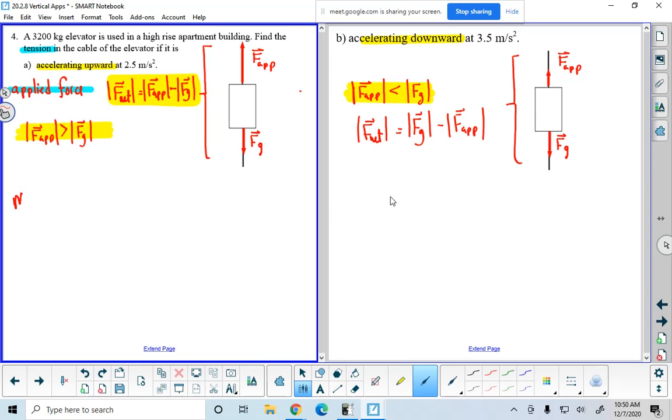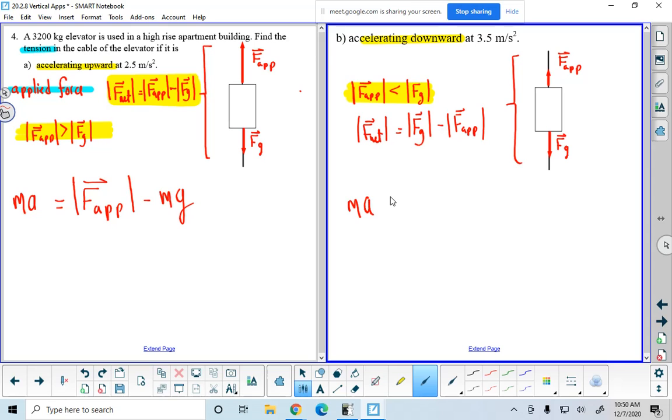So we have ma equals the applied force up, which we are trying to find, minus mg, which is the weight or force of gravity down. Whereas over here, we're going to have ma equals the force due to gravity minus the tension in the cable, the applied force.